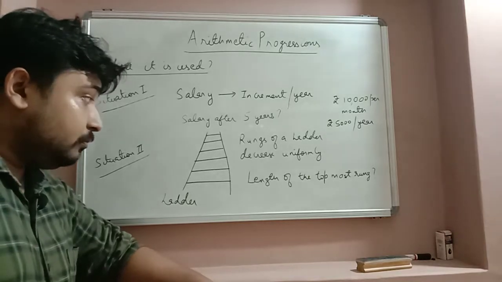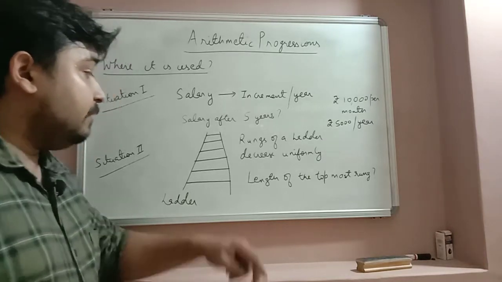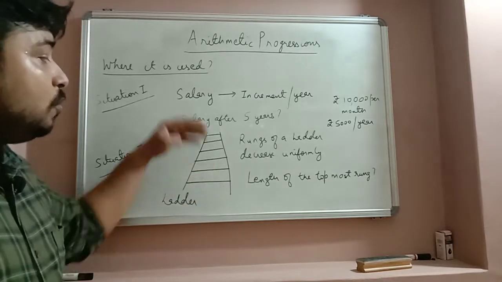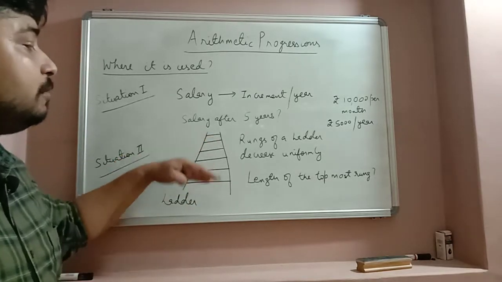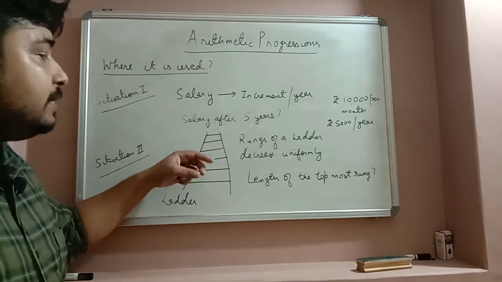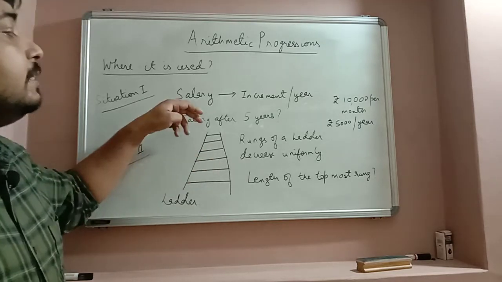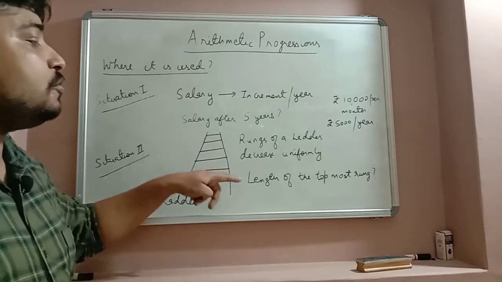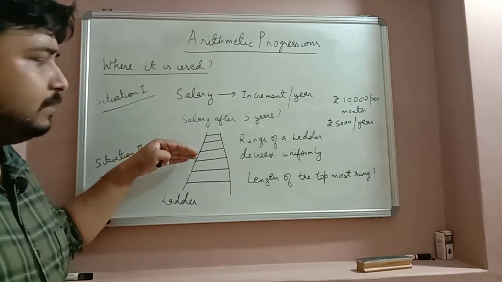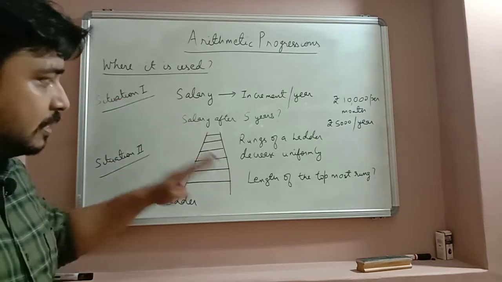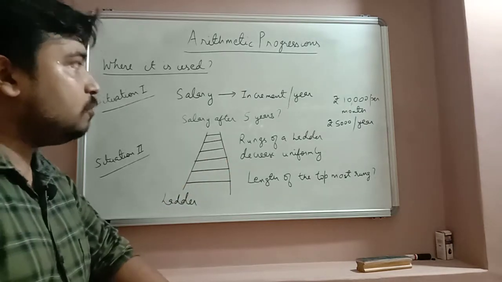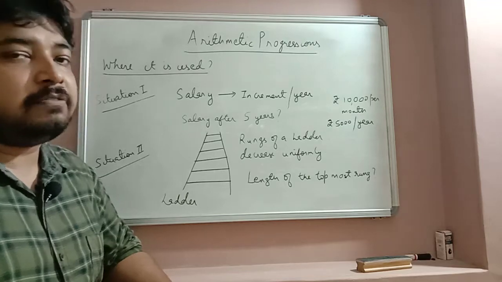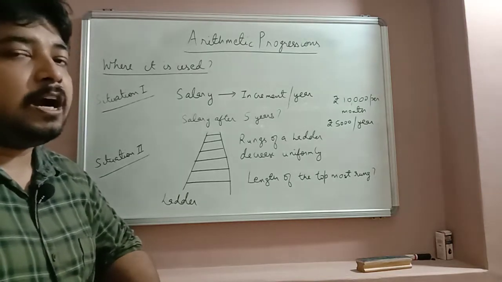So if I know the length of the lowermost rung, and I know by how many centimeters or meters the length of the rung is getting reduced, then we can easily determine the length of the topmost rung or any other rung. Such a problem can also be solved using arithmetic progressions. We will see in future, as we do some problems, how to solve it.